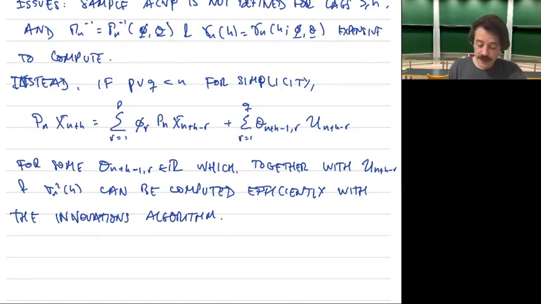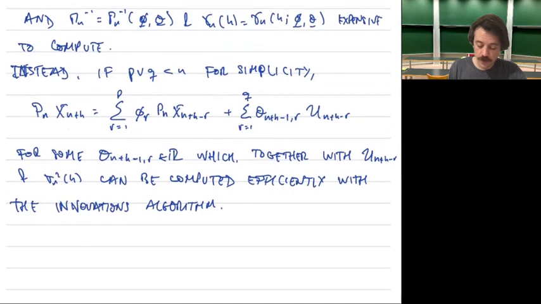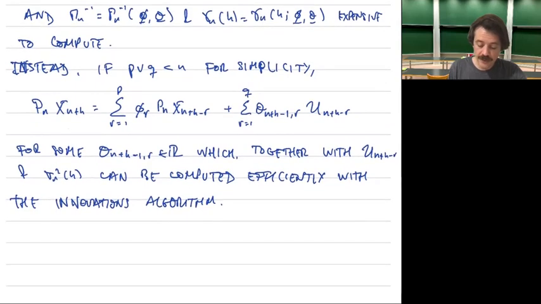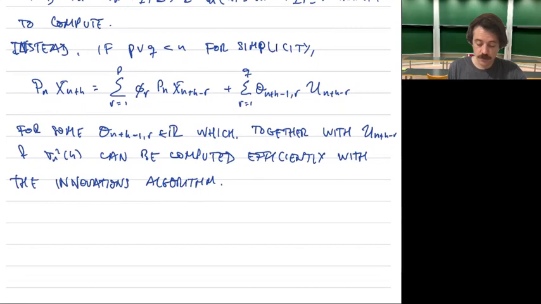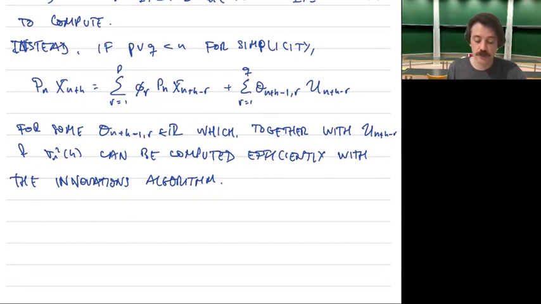Okay, and then lastly, we've spoken about how to forecast or predict, but sometimes we also want to have some inferential procedures for the predictions.